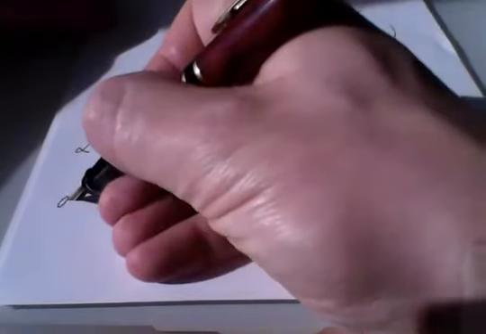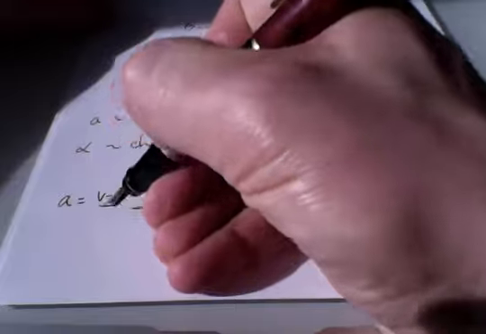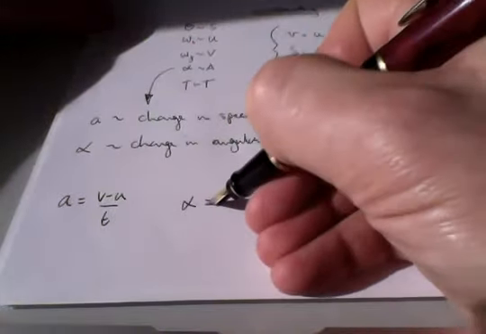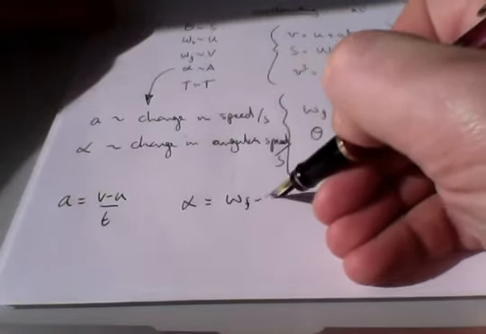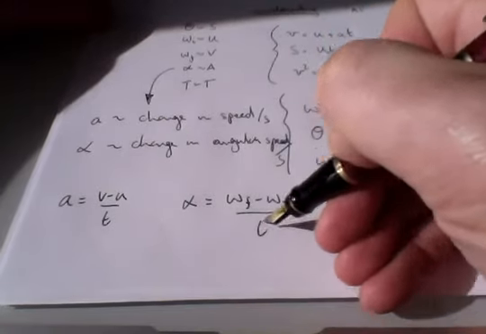Where acceleration is v minus u over t, alpha is omega final minus omega initial over t.